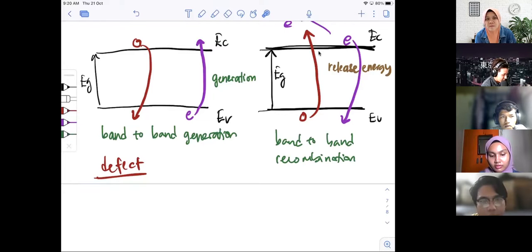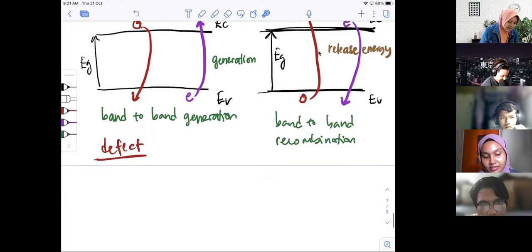A defect in semiconductor is a loss of atom in the lattice constant. Loss of atom in lattice constant? You sure? Okay, that's okay.